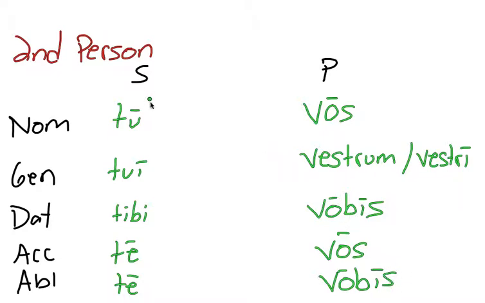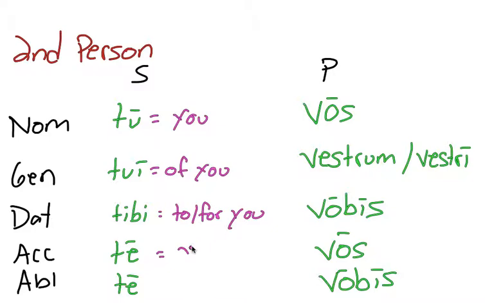Okay, and the translations are all similar. So tu is you, tui, of you, tibi, to or for you, and we've had tibi before. Te, you as a direct object, and the ablative, of course, by, with, from, you.